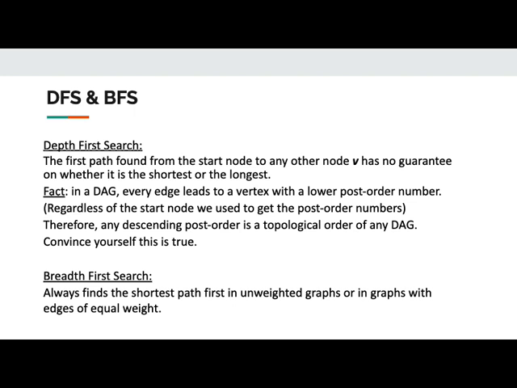But for DFS, that's not a guarantee. In a DAG, every edge leads to a vertex with a lower post-order number. That's why the descending post-order is the topological order of any DAG. We'll cover DAGs more carefully later. Any questions so far? Okay.